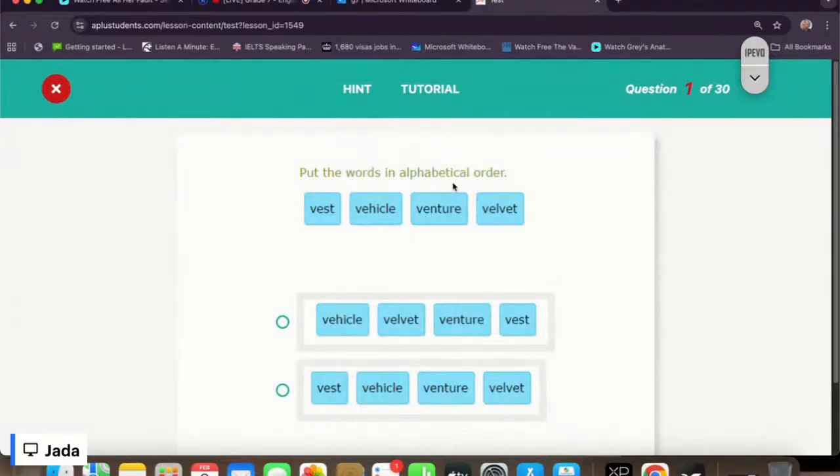So put the words in alphabetical order: verse, vehicle, venture, velvet. Which is the correct one here?